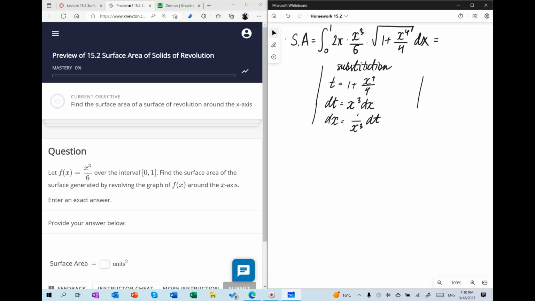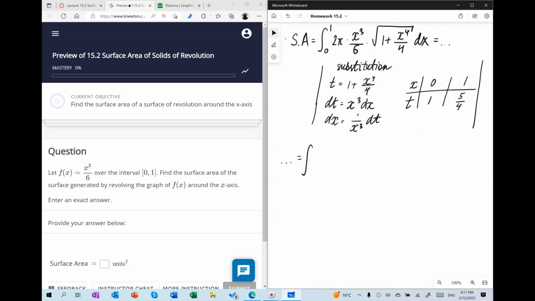And also, because it's a definite integral, we should consider switching the limits of integration. If the original limits are from 0 to 1, the limits for t can be computed using this formula. So when x equals 0, t is 1, and when x is equal to 1, t is equal to 5/4. So this is my substitution. And now we're going to continue with the integral.